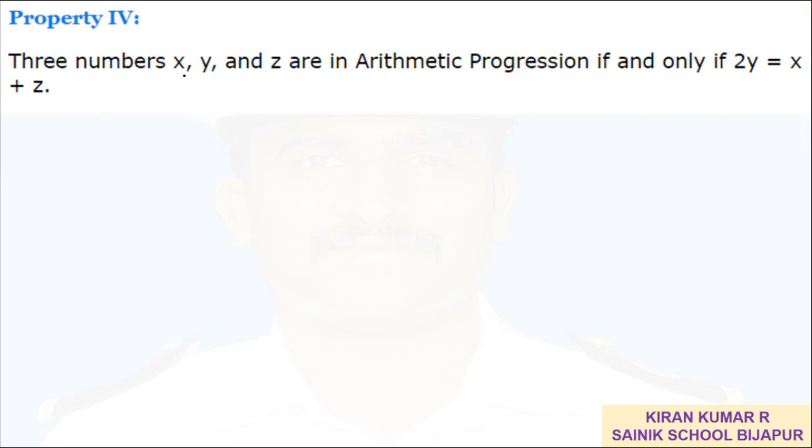Three numbers x, y and z are in arithmetic progression if and only if 2y is equal to x plus z. Let me assume that these numbers x, y and z are in arithmetic progression. What will be the common difference?